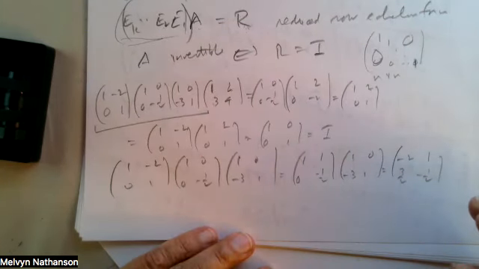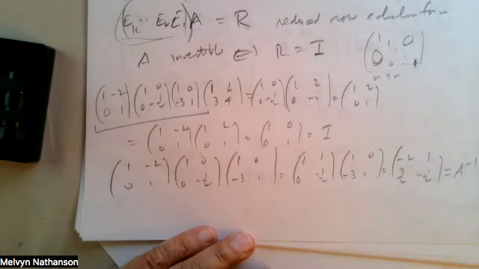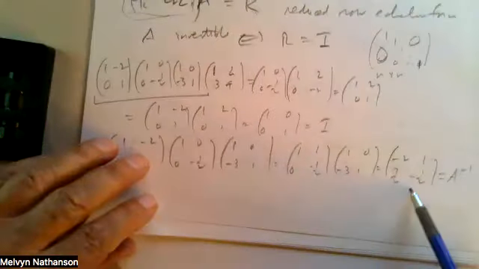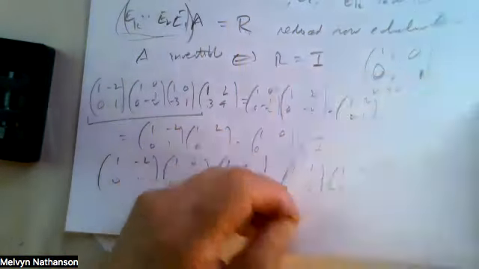And this has to be A inverse. Did I calculate that before? A inverse. Minus 2, 1, 3/2, minus 1/2. So it's my lucky day that the calculations work out.